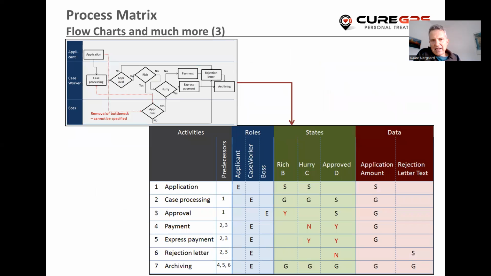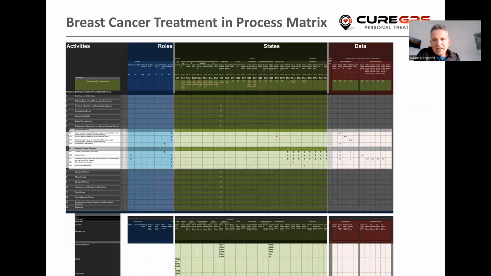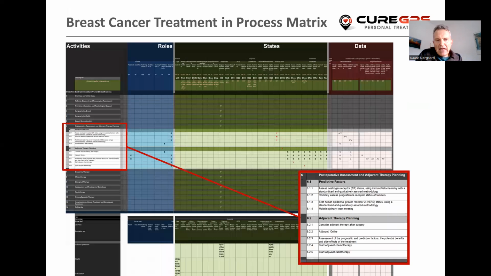So the final thing is that as long as it is a simple workflow, you can depict it as a flowchart or as a process matrix. The benefit of the process matrix is, however, that it doesn't grow exponentially with the complexity of the workflow. So if you undertake to map the breast cancer treatment, you must do it in a process matrix format, and you can see that it has 250 activities, some of which are shown here, and they are in rows.